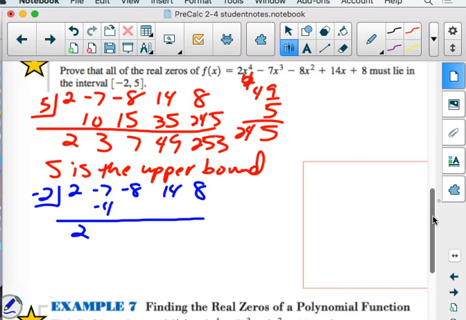Inside the box, you add. 2, negative 11, 14, negative 14, 36. In order to be a lower bound, it has to go positive, negative, etc. Positive, negative, etc. Yeah, negative 2 is the lower bound.